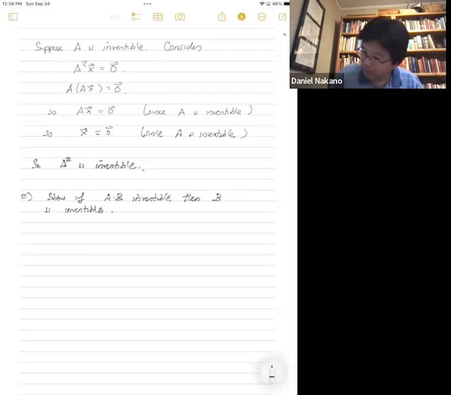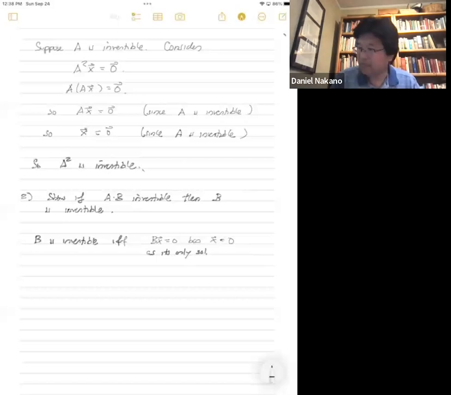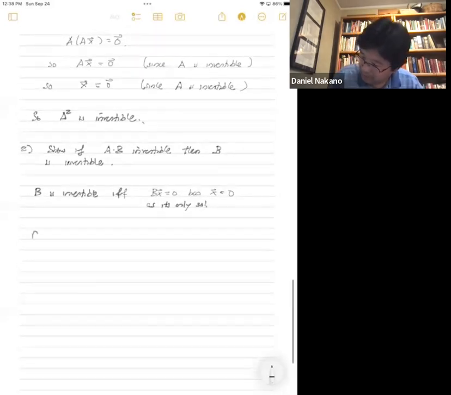So remember that B is invertible if and only if Bx equals 0 has x equals 0 as its only solution. That's what we want to show. So consider Bx equals 0.